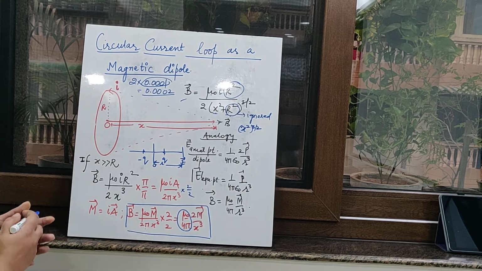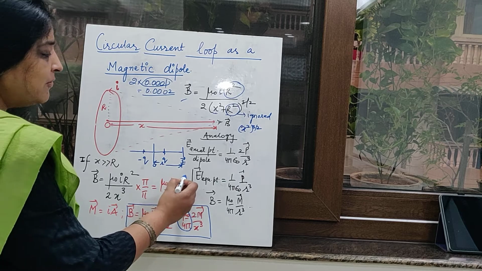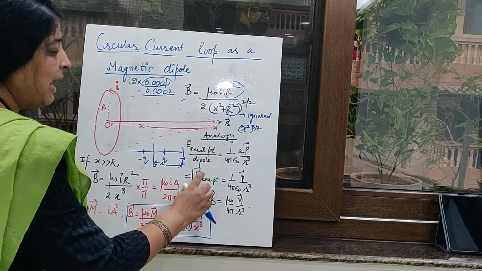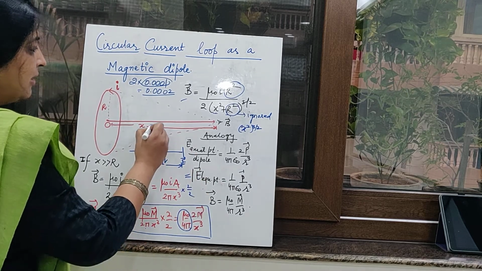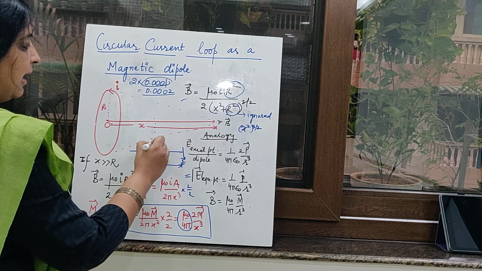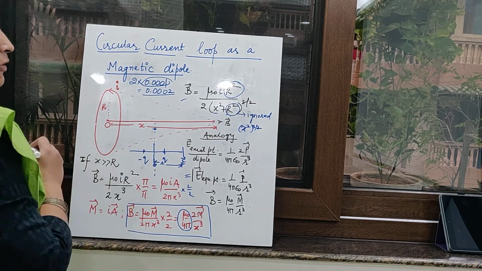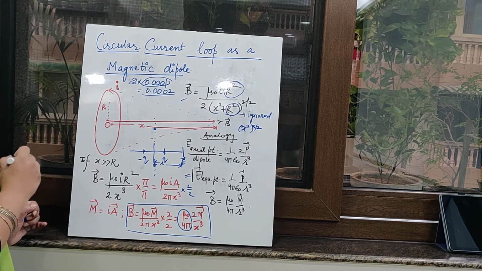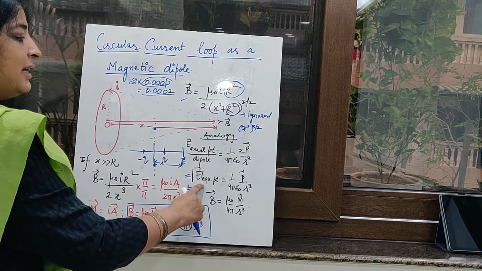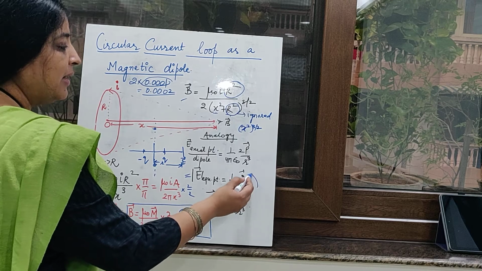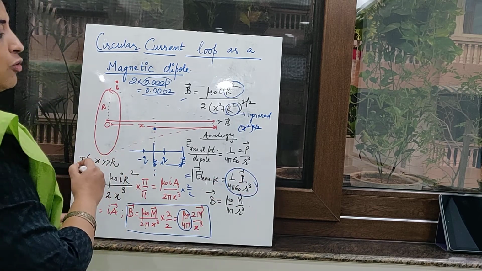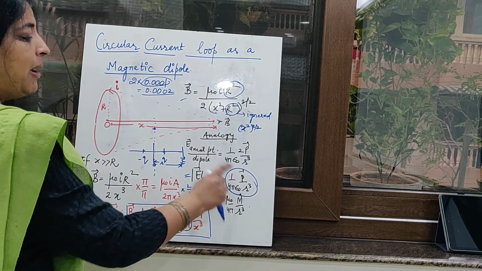And because we know that electric field at any equatorial point, suppose this is the perpendicular bisector, and here is a point where we want to find out the electric field. So the electric field in electrostatics was given by this expression on the equatorial point, 1 by 4 pi epsilon naught P by R cube.